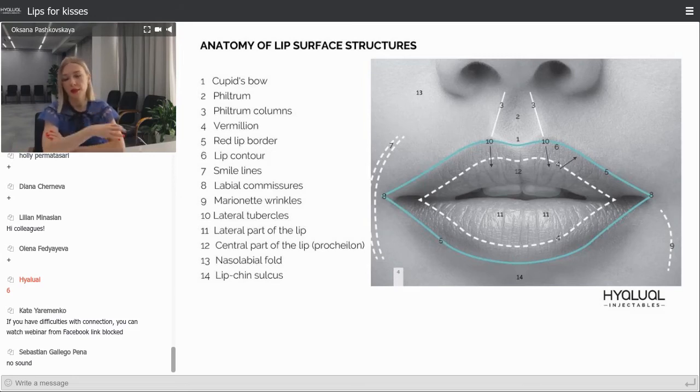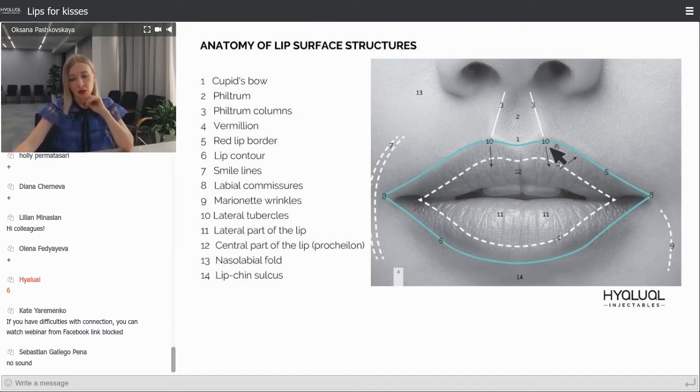It has the border and the vermilion mostly, and I will try to use my pointer for showing you here the vermilion border, and lower we have the vermilion. So that's the part of the lips with which we work.